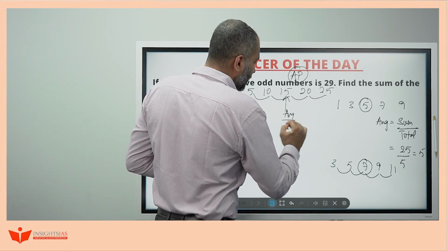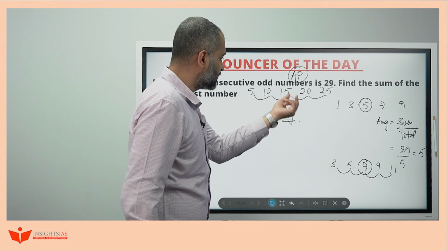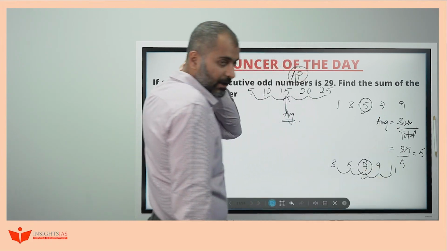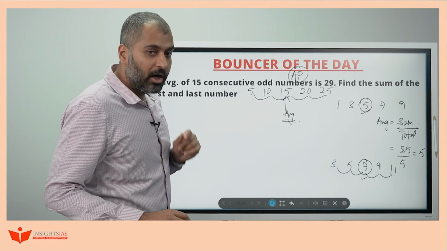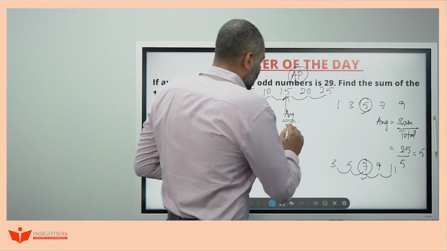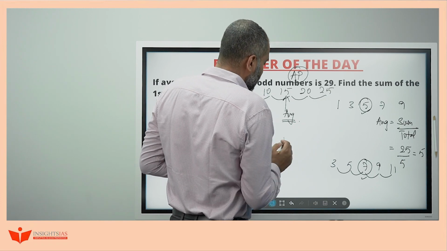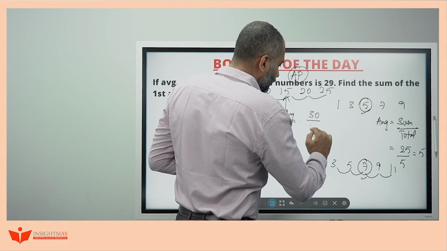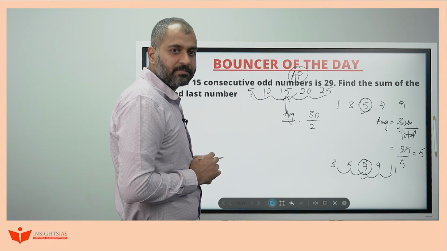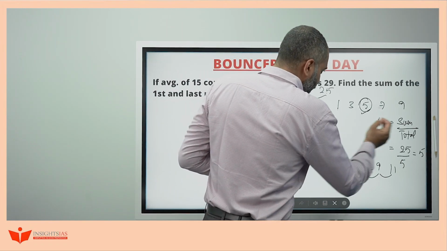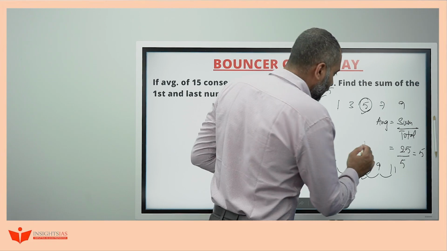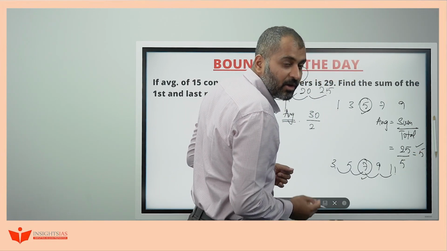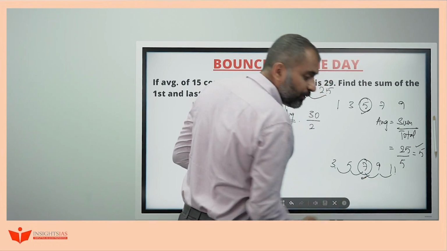Whenever the series of numbers is in arithmetic progression, the average always lies at the middle, or the mid value is nothing but the average. The average of this series is 15 only. The average of this series is 7. The average of this series is 5. And we can also find the average using the sum of first plus last: 5 plus 25 is 30, 30 by 2 is the average itself. Again here, 1 plus 9 is 10, 10 by 2 is 5. 3 plus 11 is 14, 14 by 2 is 7.